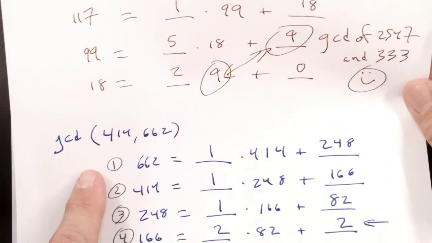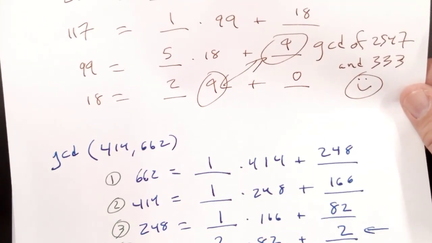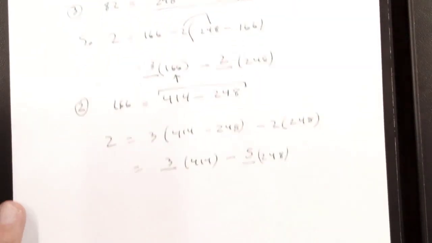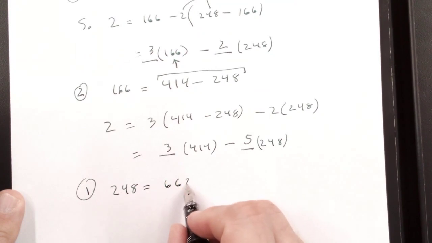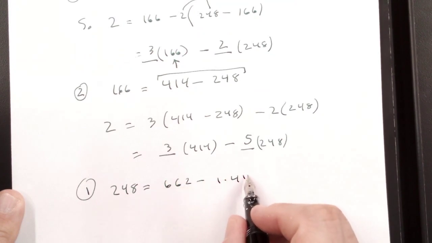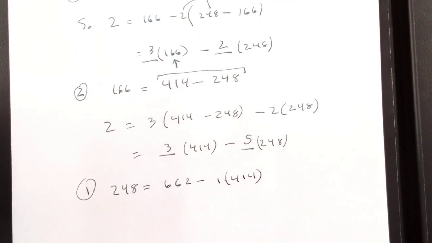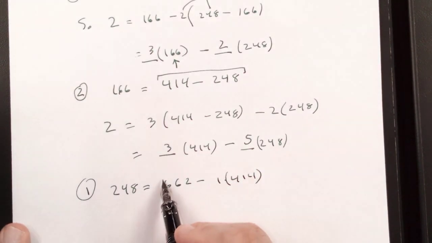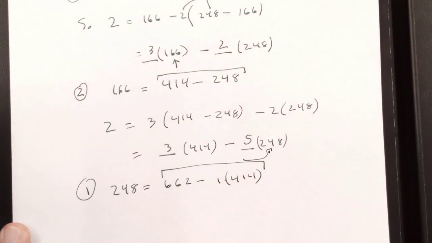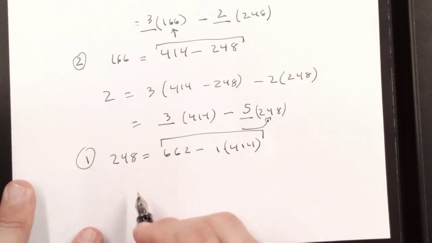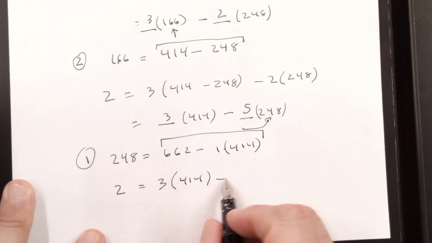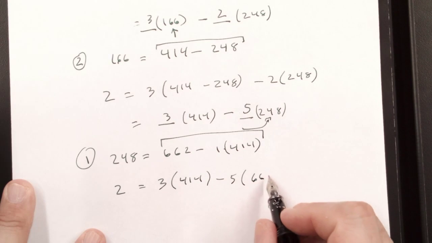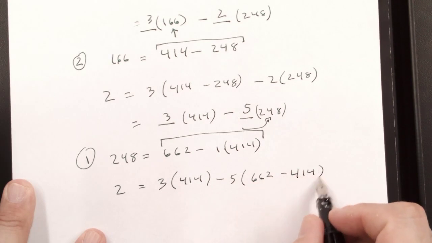Go back to equation 1. In equation 1, the 248 is the remainder. So what am I going to do? I'm going to put this in for the 248. 2 is 3 times 414 minus 5 times 662 minus 414.